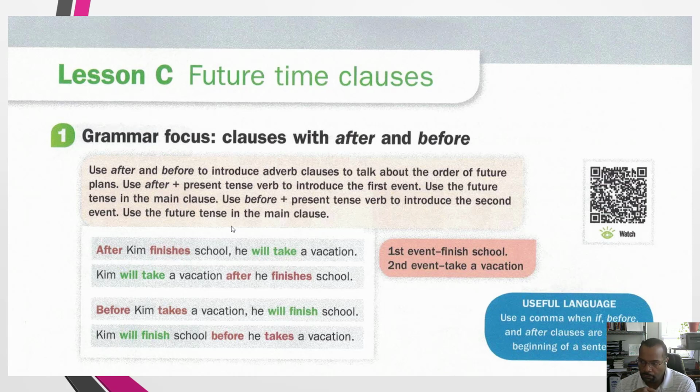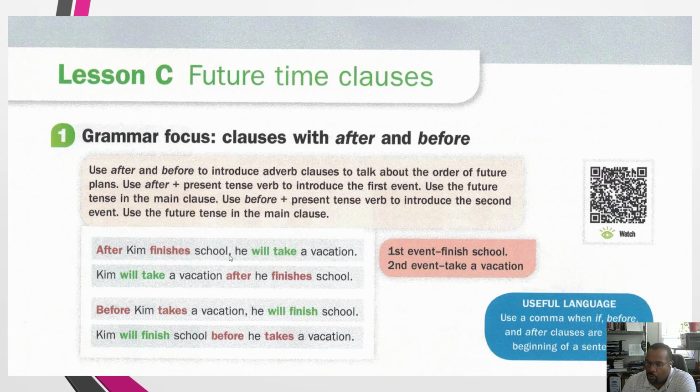All right? Let's look at our useful language box. In blue: use a comma when if, before, and after clauses are at the beginning of a sentence. All right, so that's pretty useful. So we see that here with after, right?